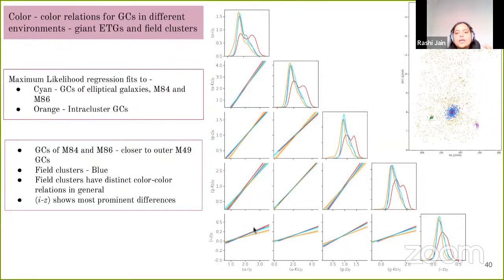Similar to the previous one, there are certain bands, especially the ones that involve I and Z, that show the distinction most strongly. And intracluster globular clusters show more distinction as compared to the other elliptical galaxy globular clusters.